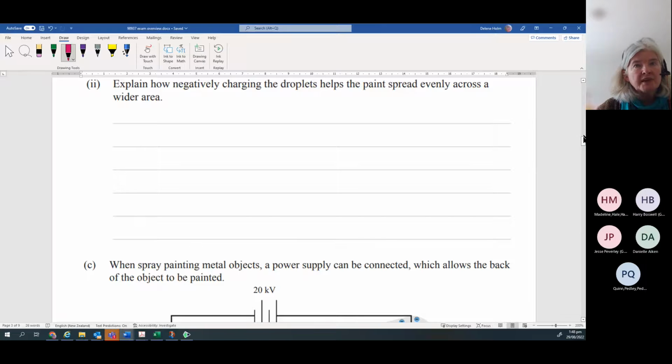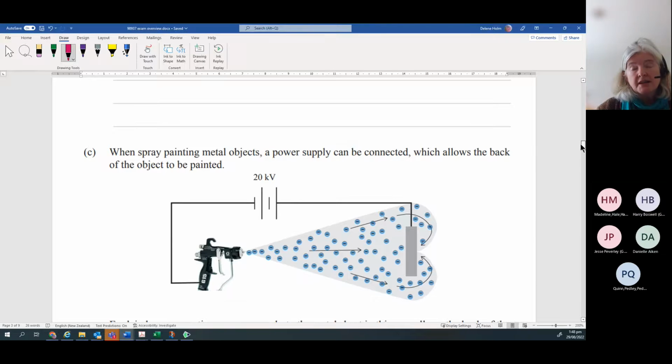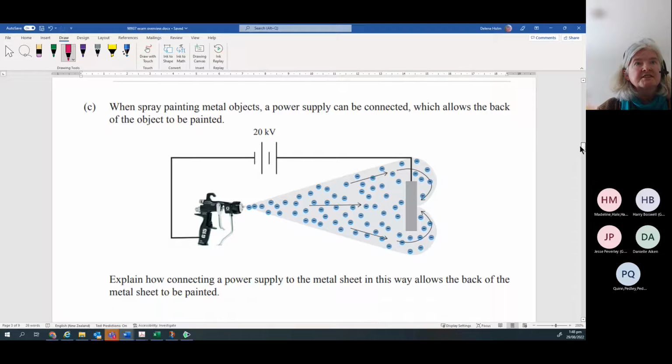When spray painting metal objects, a power supply can be connected, and we know that this was put into metal. Here now we've added a special one, which allows the back of the object to be painted. What you need to see here is, hopefully you will recognize that the long stroke is positive and the short stroke is negative.